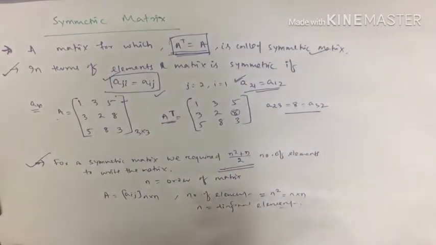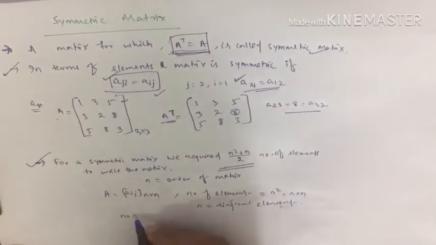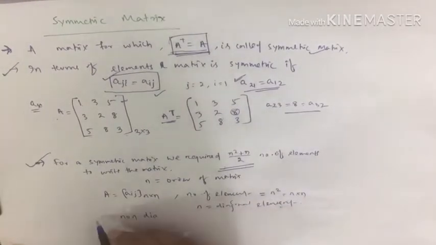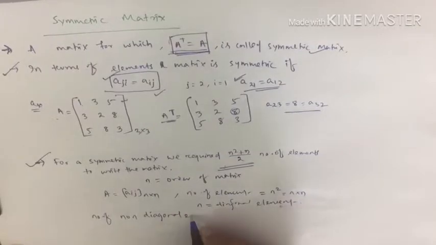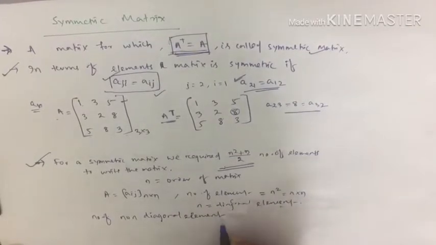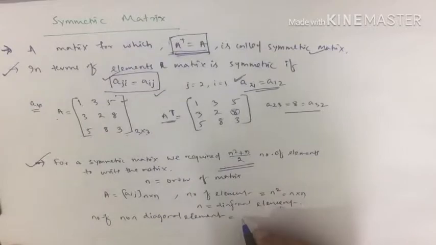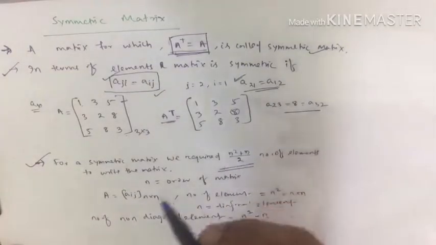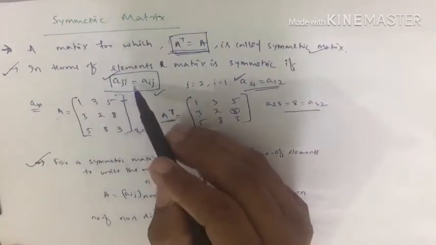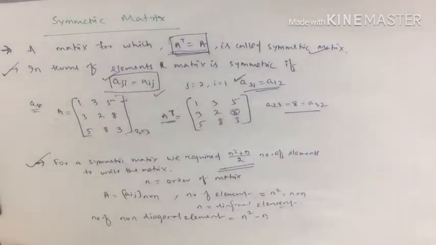So the number of non-diagonal elements is nothing but total elements minus diagonal elements, yes or no? You have already seen here Aji equals Aij.